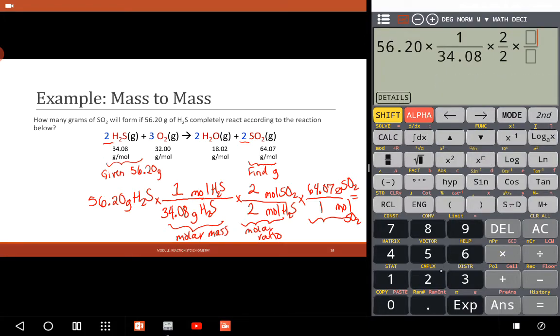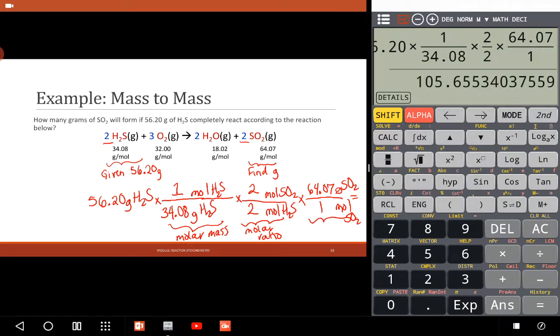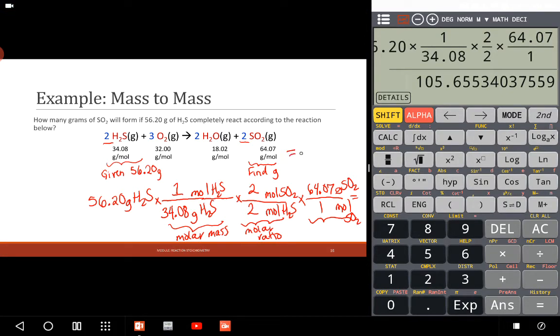Alright, so I'm just typing this into my calculator, making sure it matches what's on my paper. And so this is going to be equal to 105.655 grams of SO2.